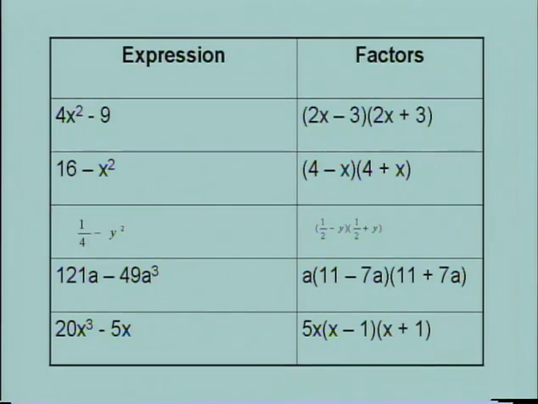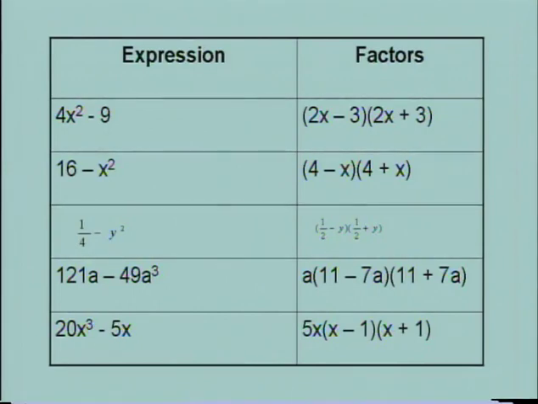Let us look at the third example. A quarter minus y squared. Many students do not recognize that a quarter is a perfect square, because if we take the square root of a quarter, it is a half. So we have a half squared minus y squared.